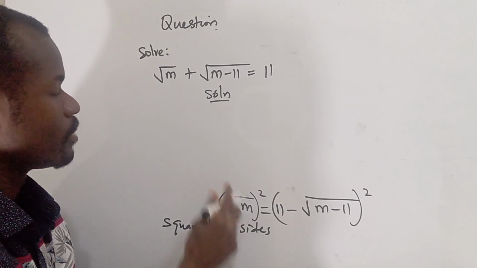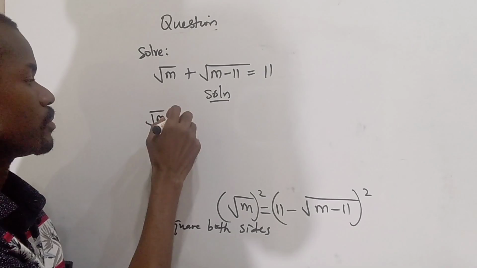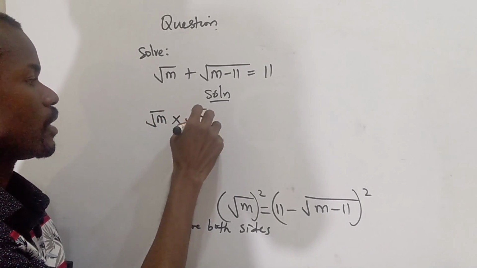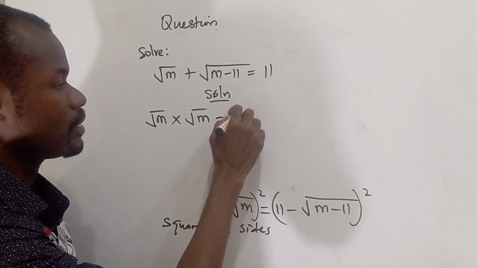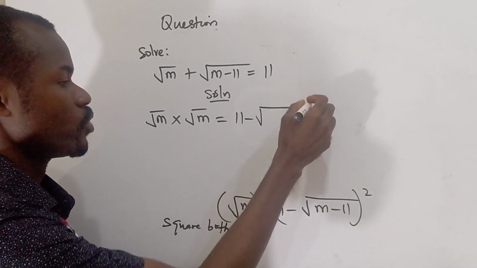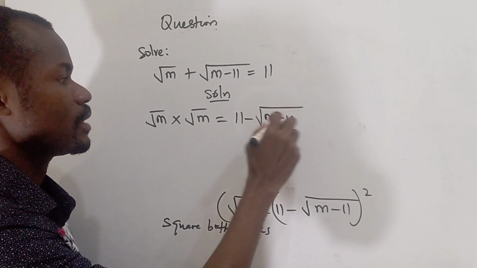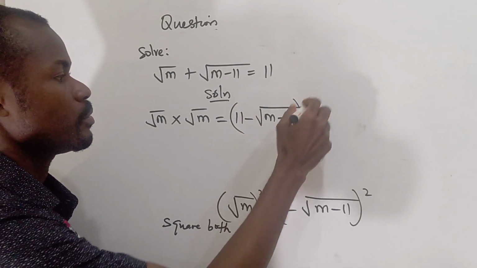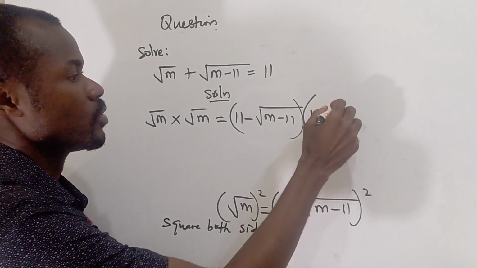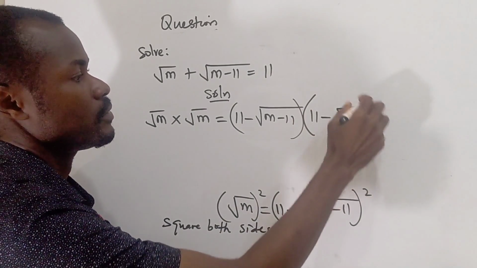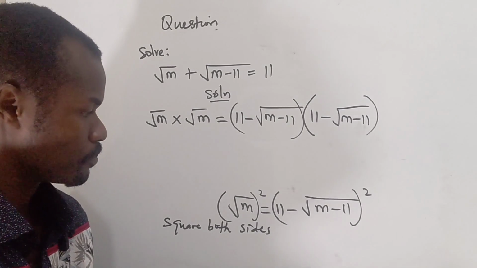This square means root m multiplied by root m. And this square means 11 minus square root m minus 11 multiplied by 11 minus square root m minus 11.